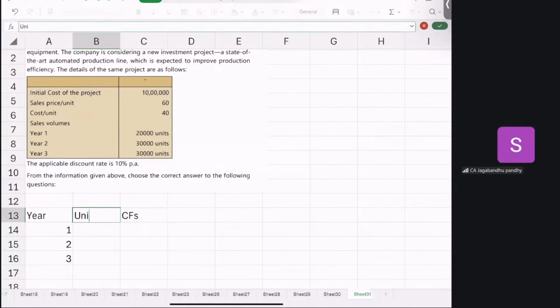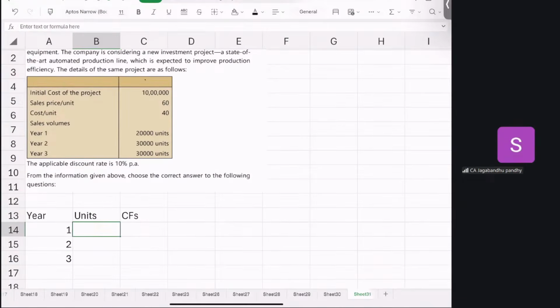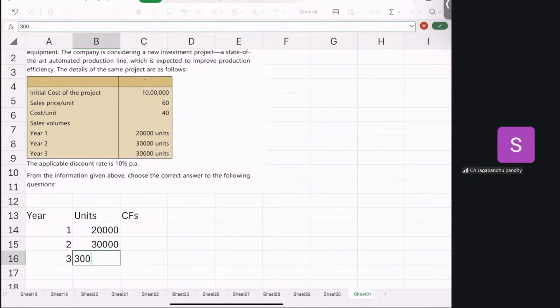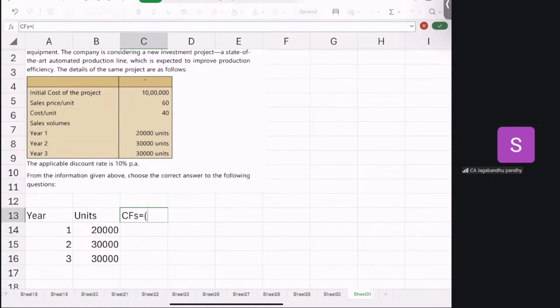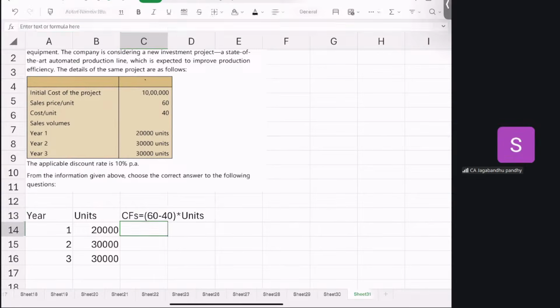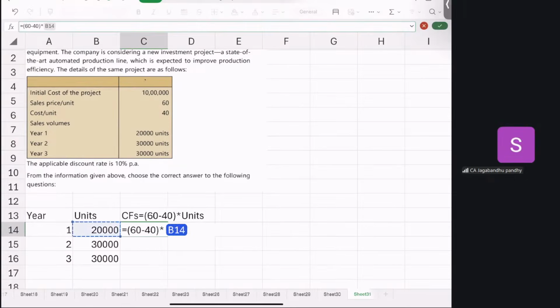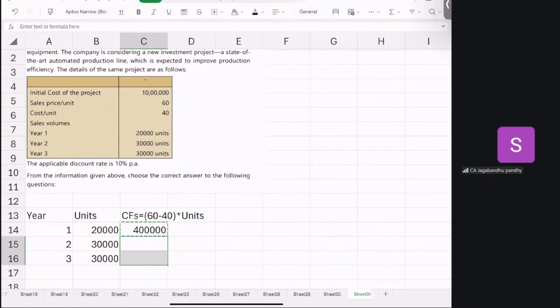We know the units. Units are 20,000, 30,000, 30,000. And cash flows are simply going to be 60 minus 40 into the units. So this is 60 minus 40 into 20,000. These are the cash flows that we have. Simple.